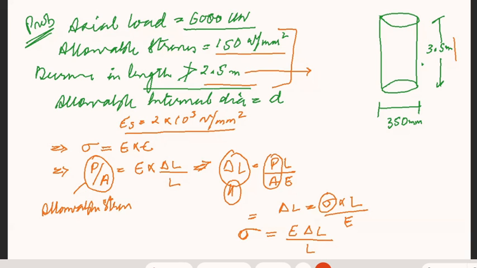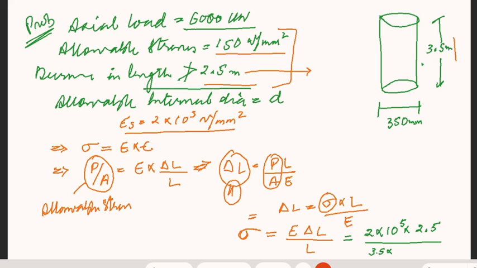Those stresses are, E is your 2 into 10 raised to the power of 5. How much is the cap on a decrease in length? It is 2.5. And then we have the actual length, 3.5 meter. So 2 multiplied by 10 to the power 5, or 10 to the power 3?